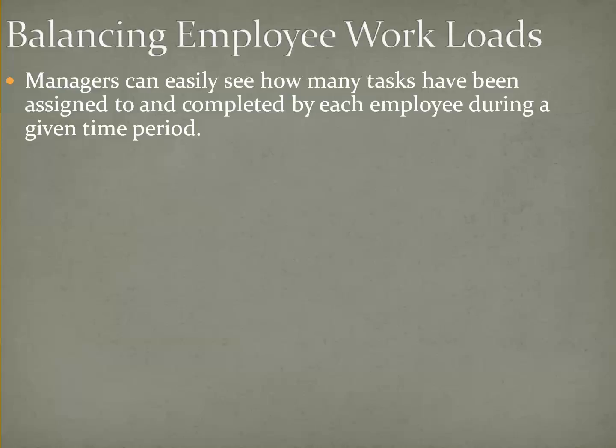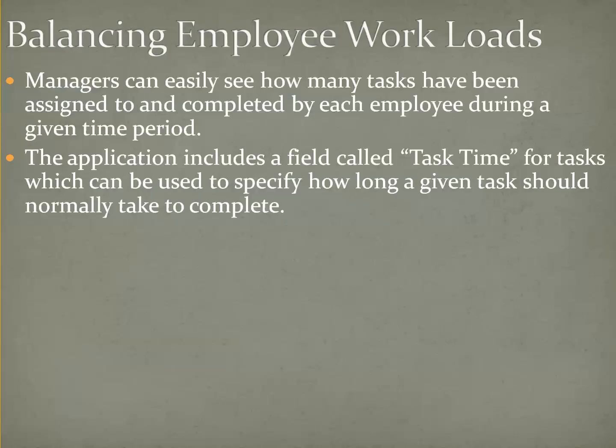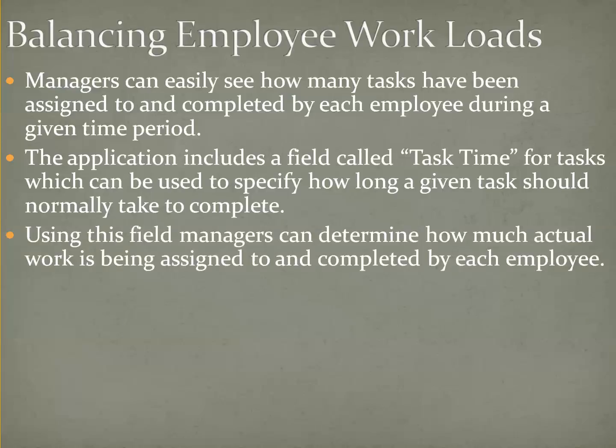Managers can easily see how many tasks have been assigned to and completed by each employee during a given time period. And the application includes a field called task time for tasks, which can be used to specify how long a given task should normally take to complete. So managers can use that field to determine how much work is being assigned to and completed by each employee.